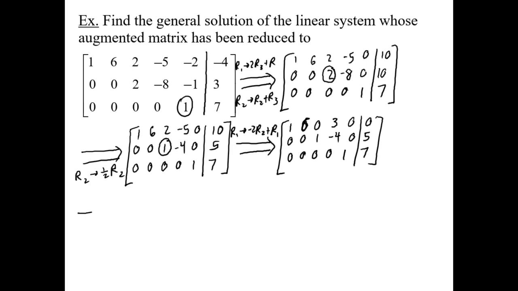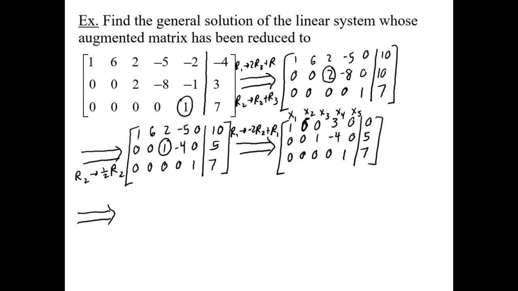Okay, so now what happens if I now put this back into x's and y's? Because now I'm in reduced echelon form. Now I can put x's and y's back. So let's remember, before we go any further, that this was the x1 column, x2 column, x3 column, x4 column, x5 column.